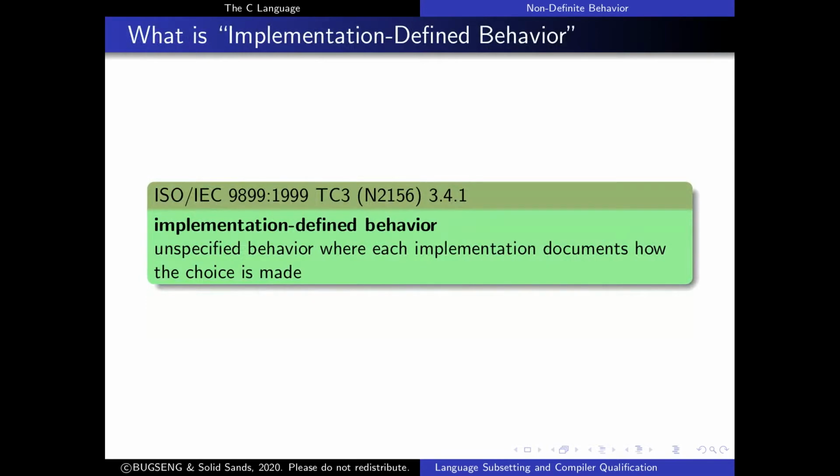The other kind, implementation-defined behavior, is similar. However, the difference is that this must be documented. Implementation-defined behavior, again, is when there are two or more choices of doing one thing, and the compiler has to fix this choice and document it.